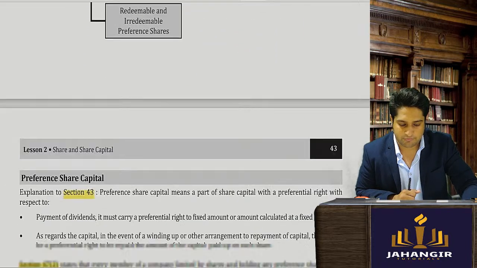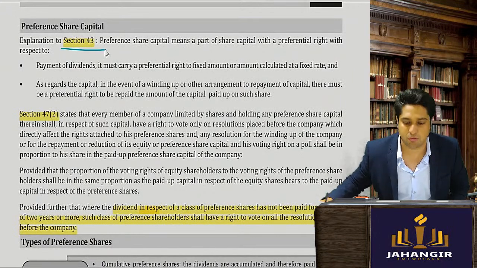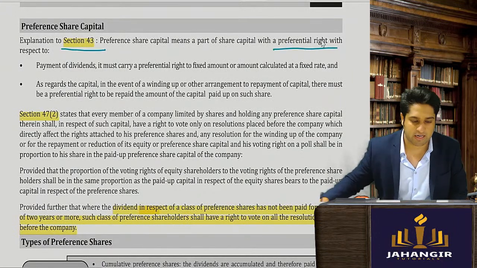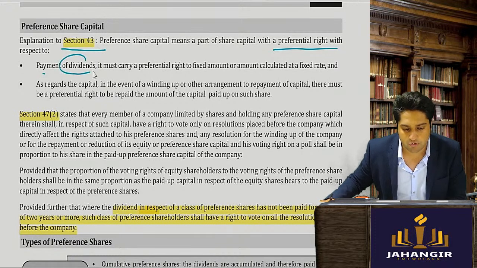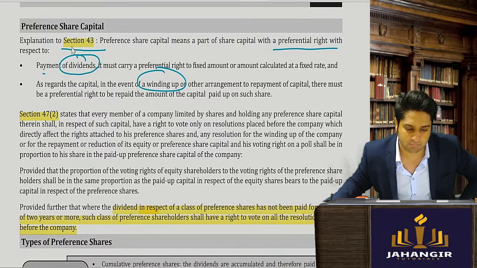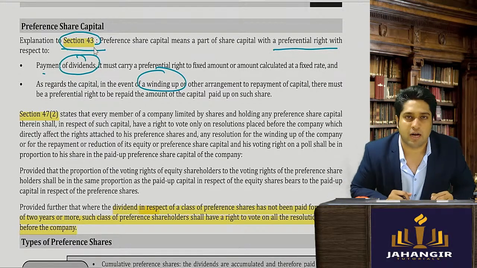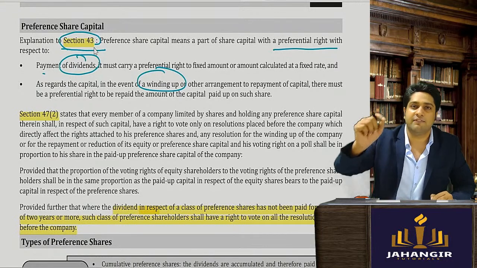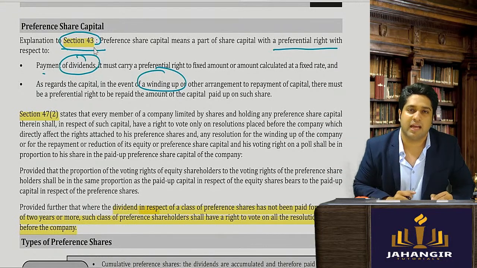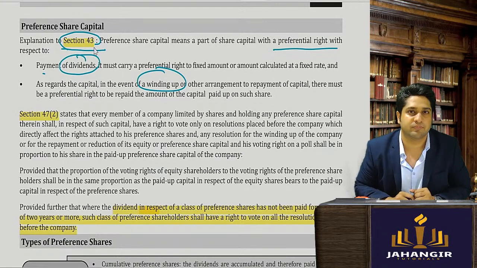Now the types of preference shares will come. Again, as we discussed, preference shareholders will have preferential right at the time of payment of dividend and at the time of winding up of the company. Section number 43 talks about preference shares. Also, I want you all to tell me, when we have these AGMs, do preference shareholders attend those meetings?